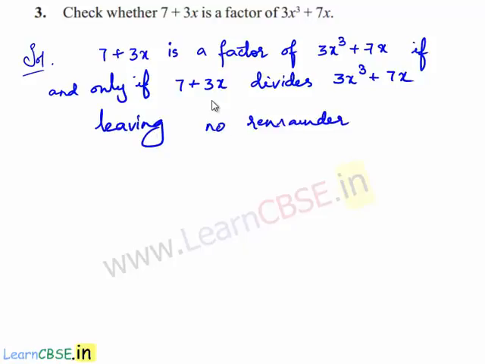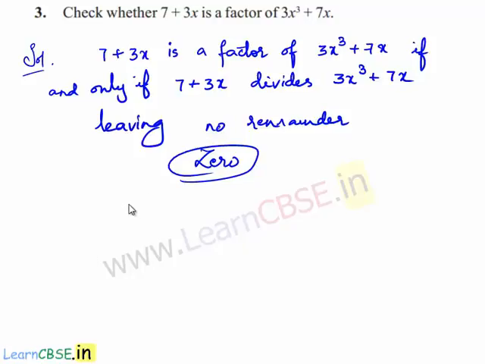That means when 3x cube plus 7x is divided by 7 plus 3x, the remainder must be 0. So if the remainder is 0, we can say that 7 plus 3x is a factor of 3x cube plus 7x.